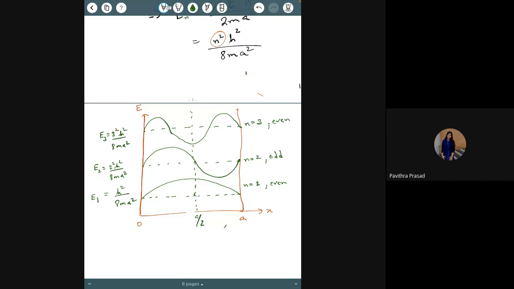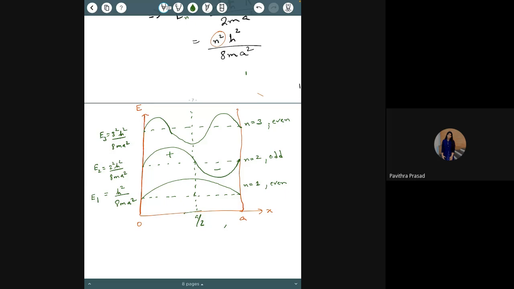Okay, so if the wave function is symmetric about the middle, here it is a by 2, then it is called an even function. And if it is antisymmetric, which means that one half is positive and the other is negative, then it is called odd. So if you reflect it about this middle point, the wave function will change sign.